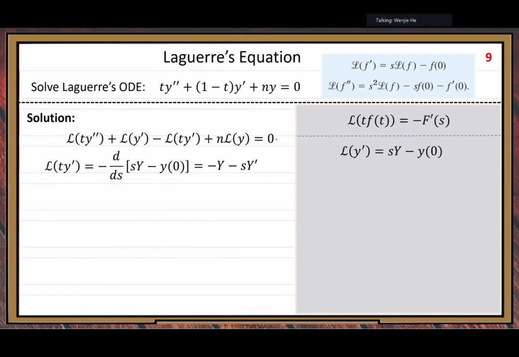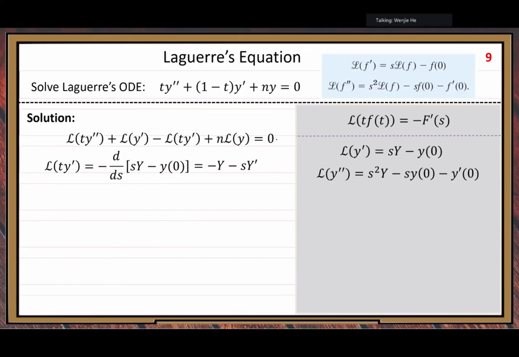Constant, then product rule, so we have this. That's this term. The last one, we need to do this one. L of y double prime, we apply that formula, so we have that.